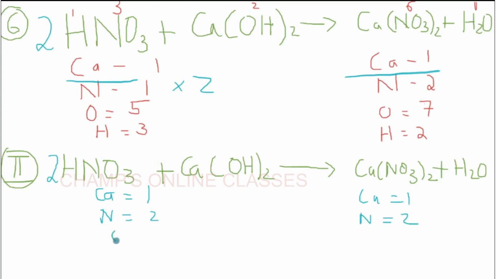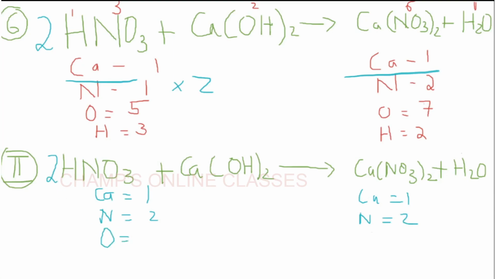Oxygen. How many oxygen are there on reactant side? Here we can see there are 3 2s are 6. Like the coefficient multiplied by the subscript of oxygen, so 6. Now here there's 2 outside the bracket, and inside, if there's nothing, that means it's 1.